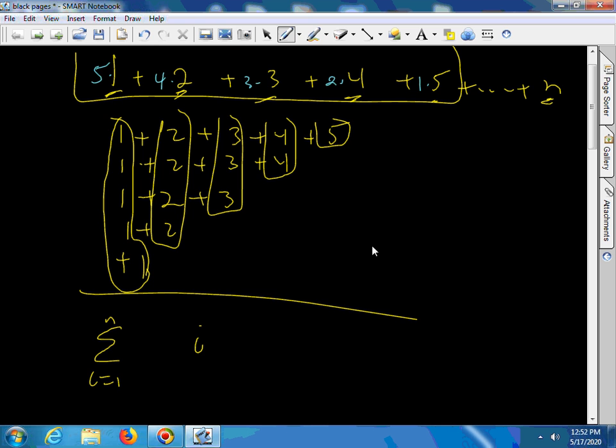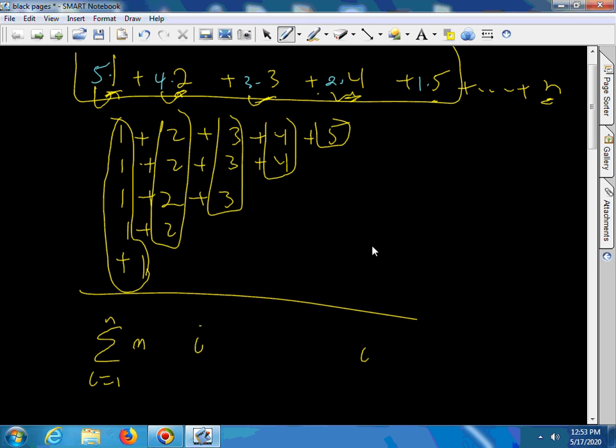Okay, but now what are we multiplying it by? Well, if you notice, if n is 5, these two numbers keep adding up to 6. So it always adds up to 1 more than n.